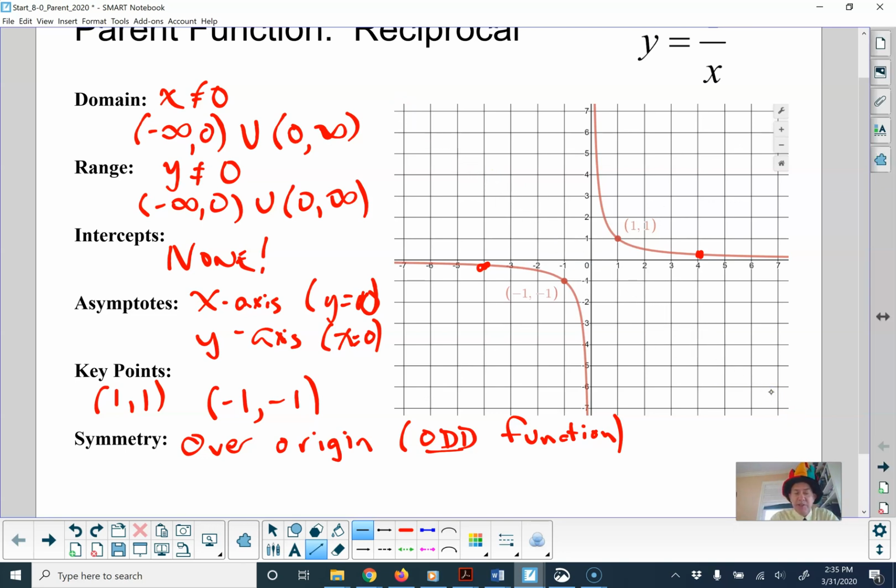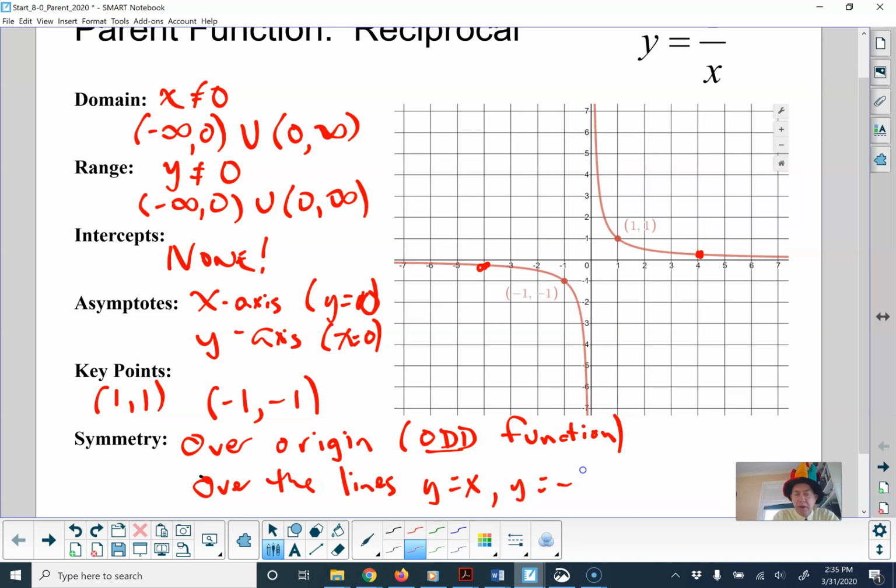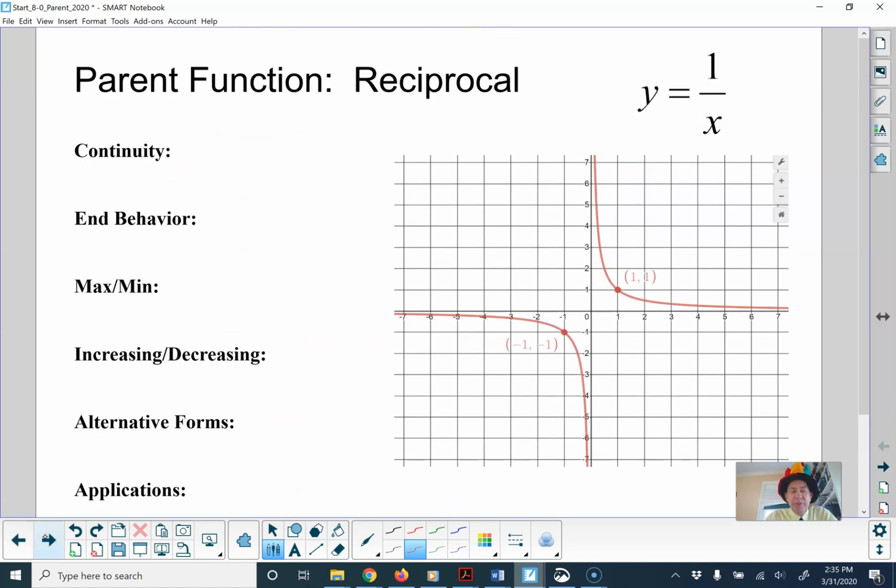Symmetric both of those places. If you want to pause now to write all of this down, you can pause now, write all of it down. We're all good, and I will go on to the next slide when you are ready.